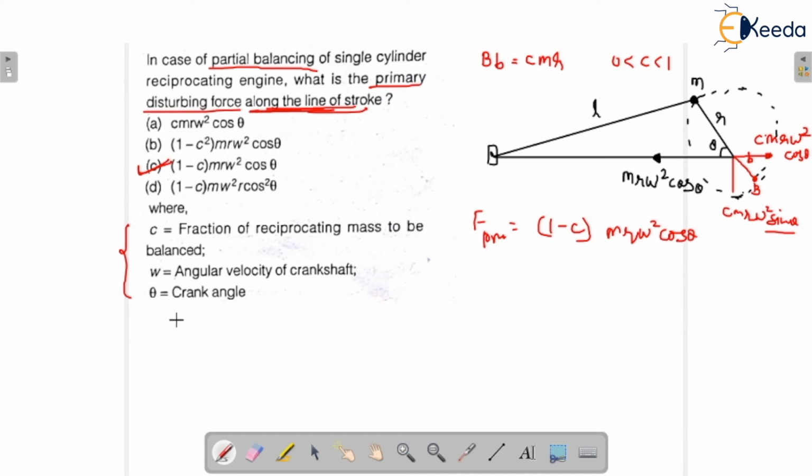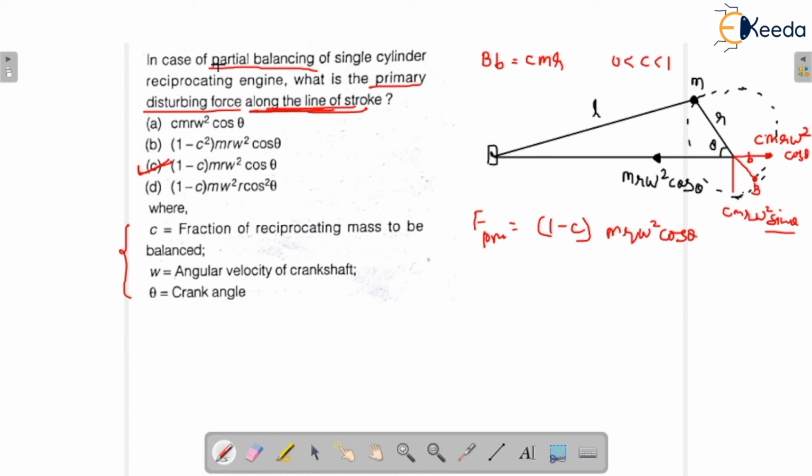Okay, and one more thing that we need to understand, that if we talk about the reciprocating masses, it is partially balanced. But if I'm talking about the rotating masses, it is completely balanced.